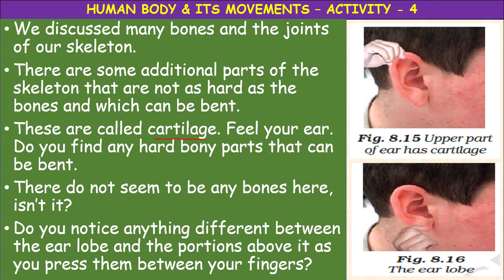For which we can wear earrings. So such parts which can be bent, which are not hard, are called cartilage. Can you say of a similar type of part in your body?